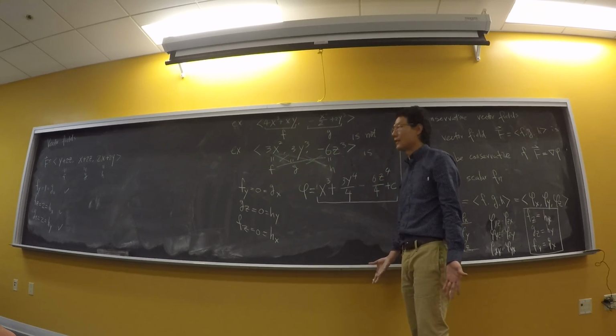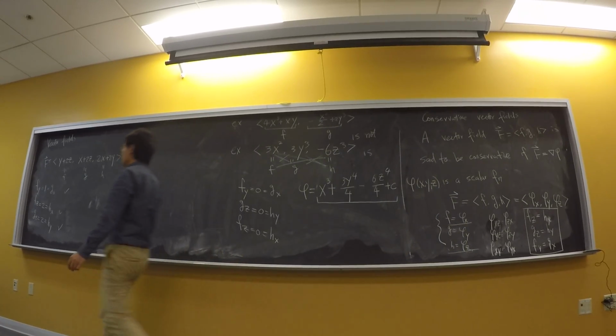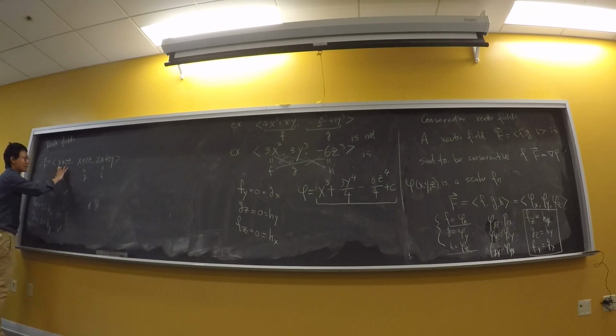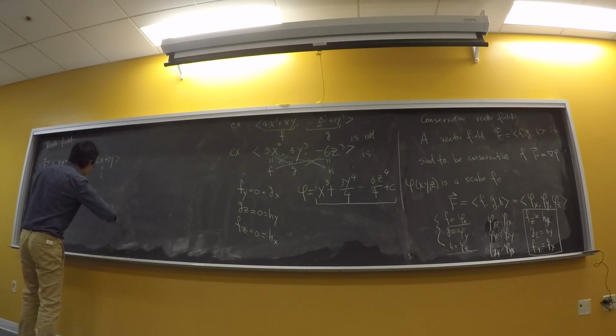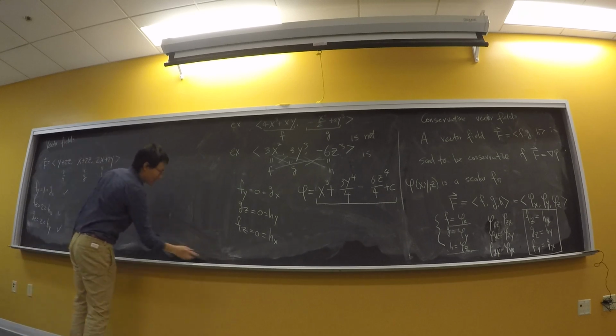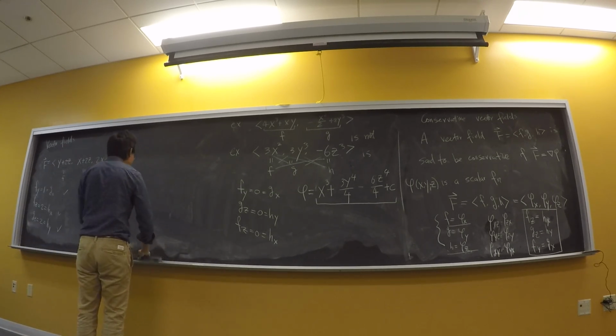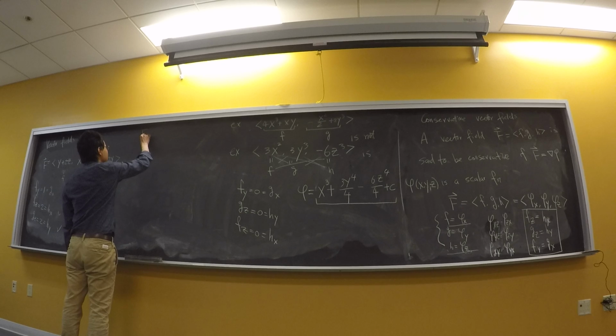Here, that's pretty different. I take the x derivative equals this one, and I have to take a y derivative to equal this component simultaneously. That's not easy to find. So now I want to introduce a uniform way, and this way will be able to work for any given conservative vector field. So the big goal is to find phi.